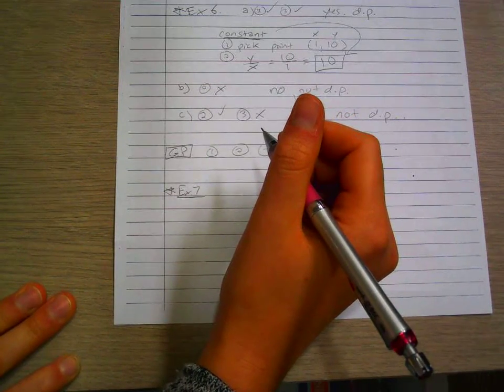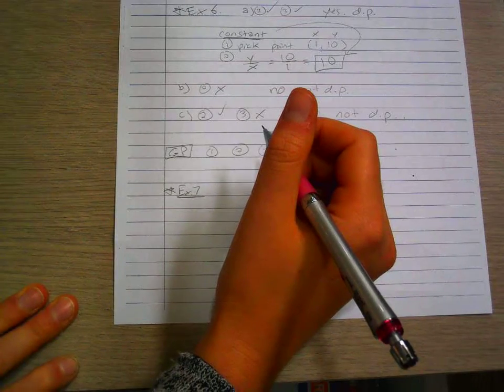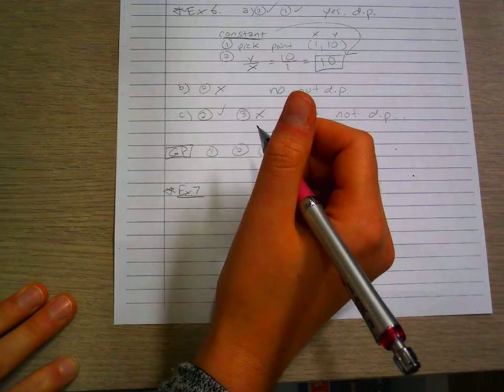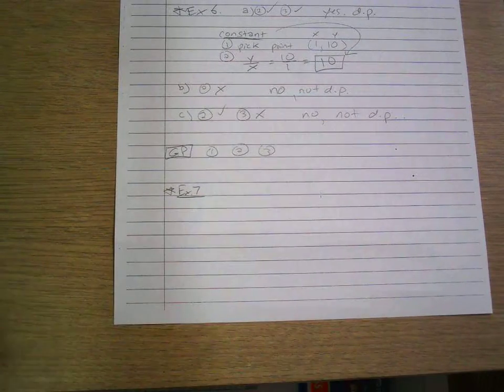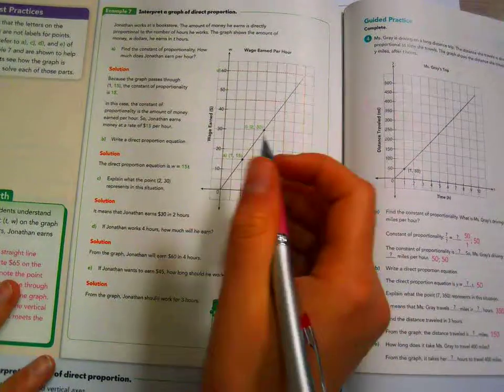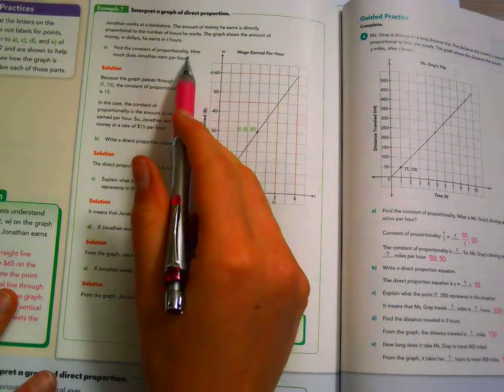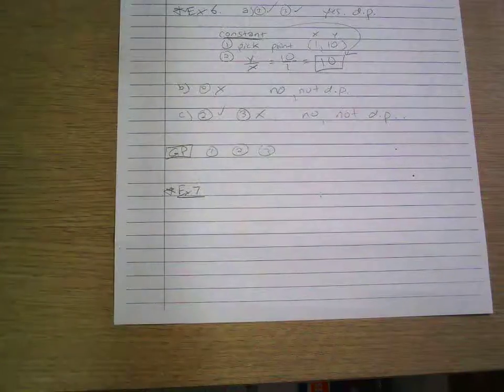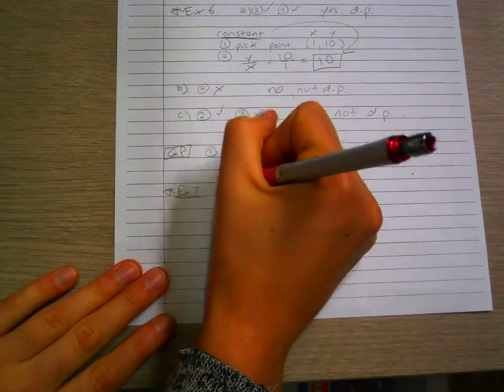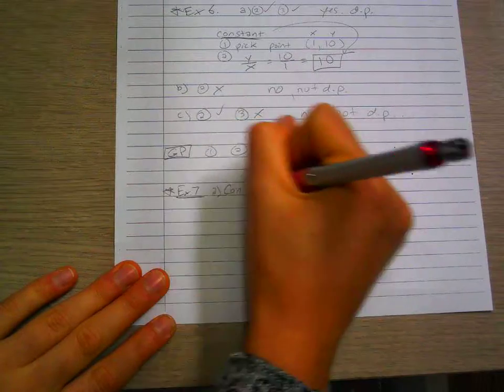So it gives you the graph already. Here's our graph. Now it says, find the constant of proportionality. How much does Jonathan earn per hour? That's 2 questions. So first let's find the constant. Well, remember, constant is y over x.